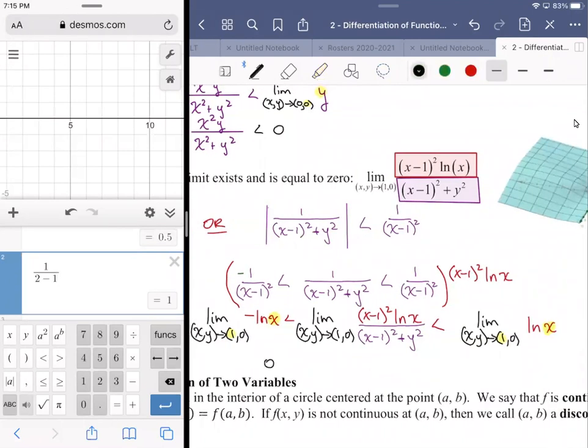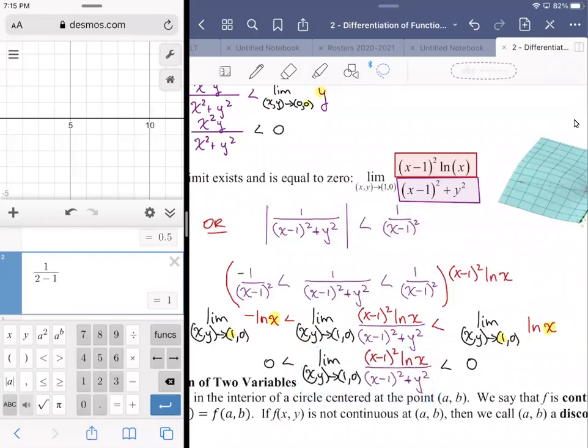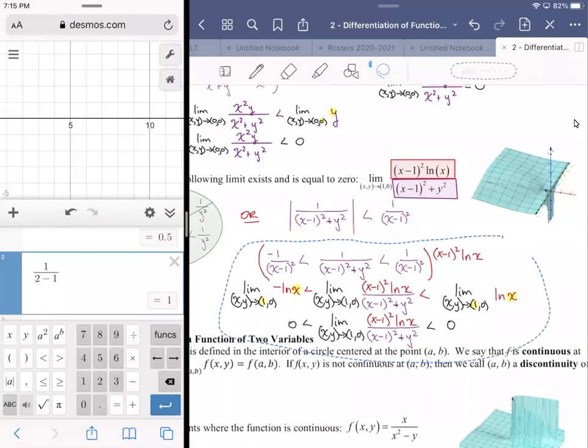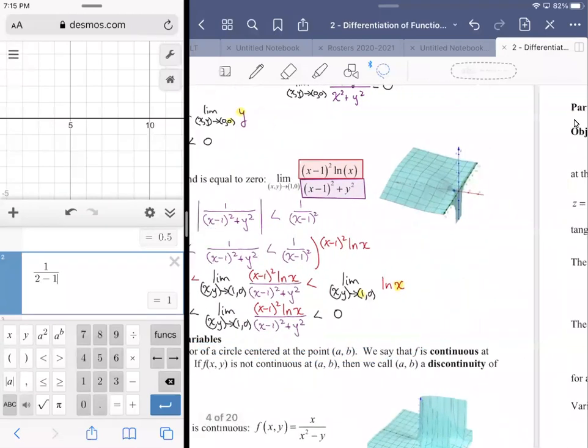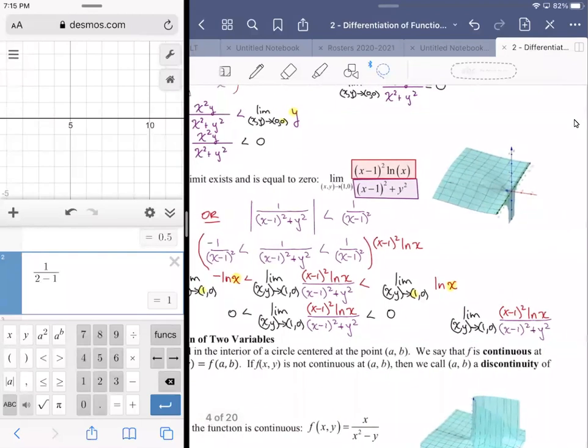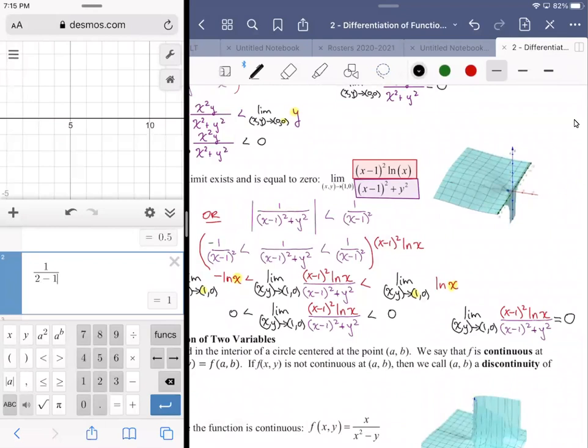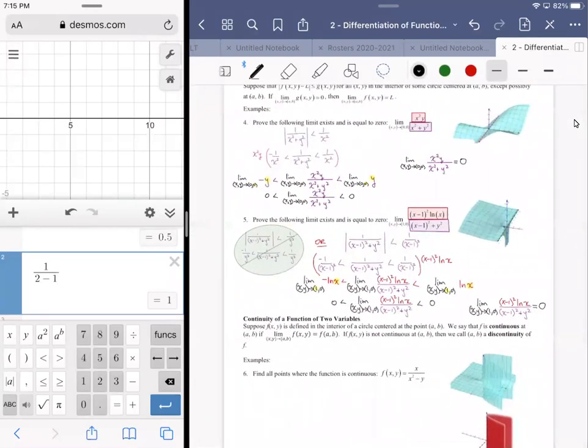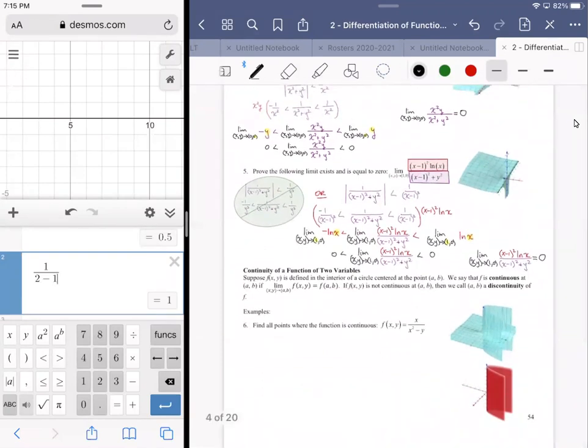We're going to get 0 on both bounds, which is good because that's what we're going for. And so we would get our conclusion that this limit itself is equal to 0.